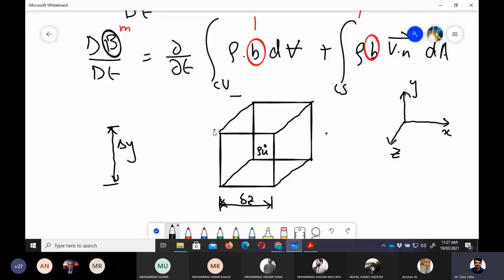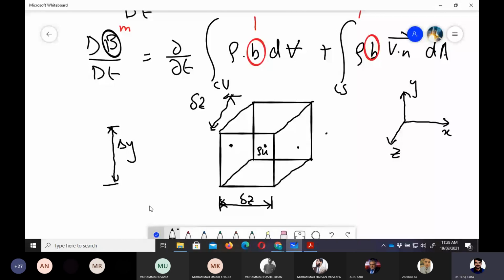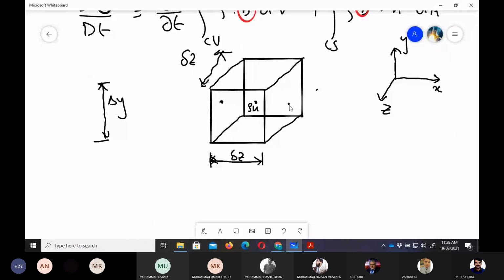If the property value at the center is rho u, what would be the property at the left face and the right face? Anyone? What would be the value at the right face or the left face? We did it in the previous lecture by the use of Taylor series.